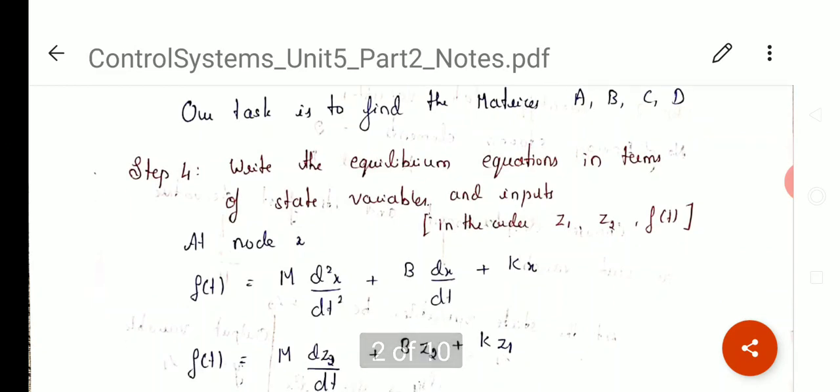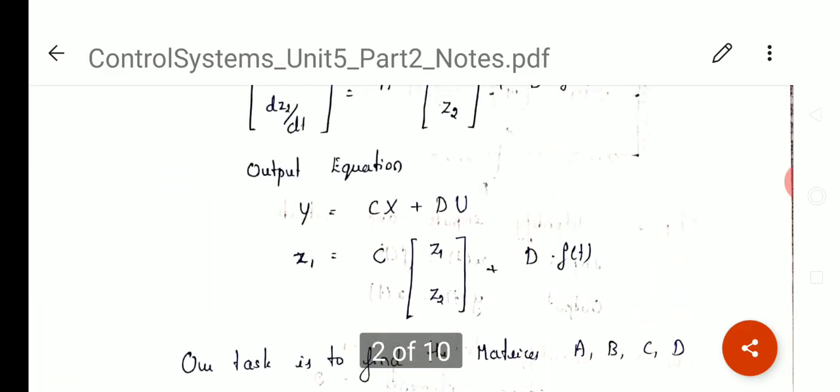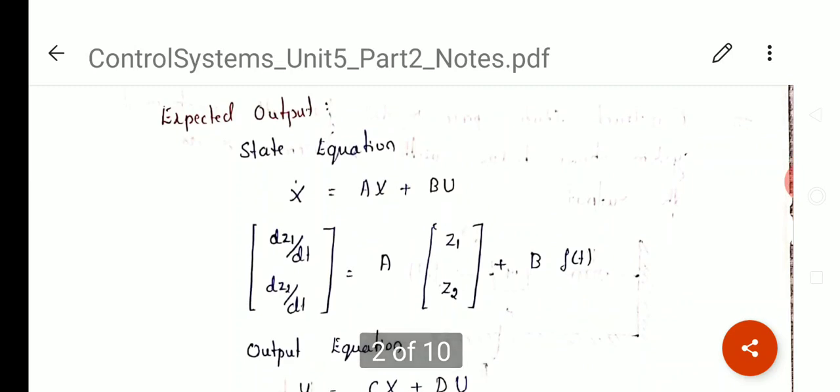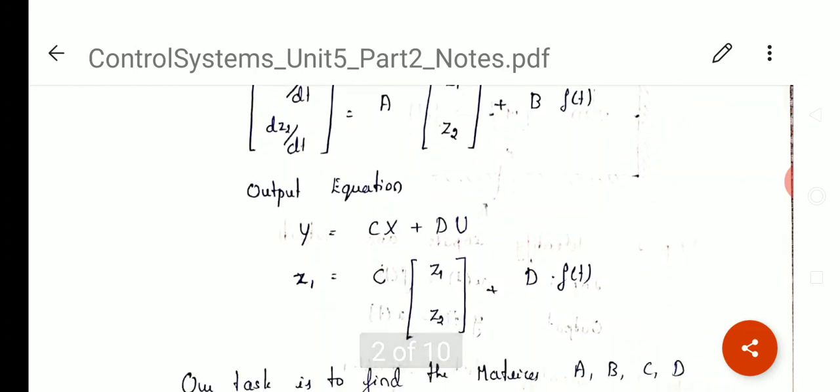Now the next step is to write the equilibrium equations for the mechanical system in terms of state variables and inputs. So if you observe here, the state equation is Ax plus Bu, which is in terms of x and u, and the output equation is Cx plus Du, again in terms of x and u.